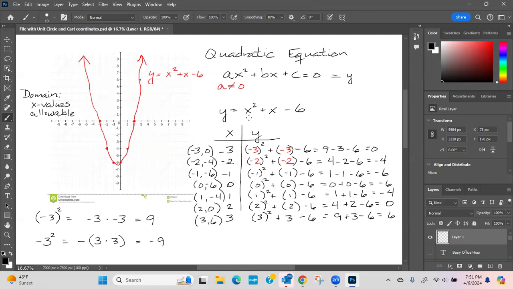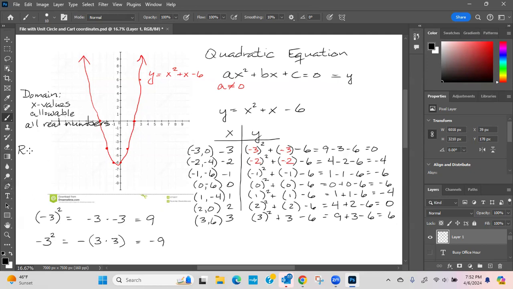And there's no number that we could plug in for x that would make a problem. Therefore, the domain is all real numbers. For these, where the x term is squared, the domain will be all real numbers.